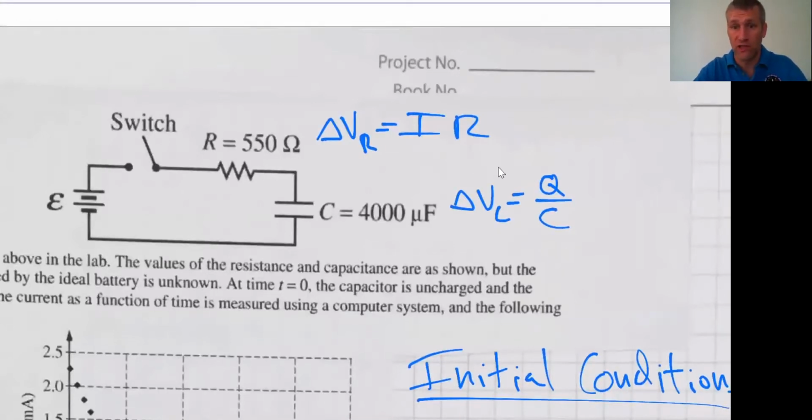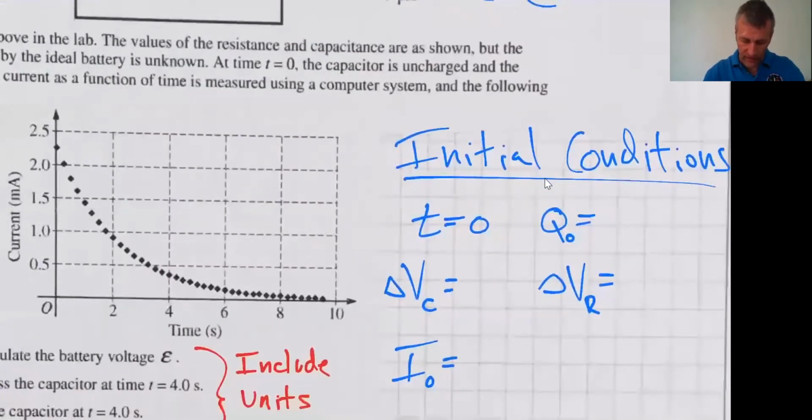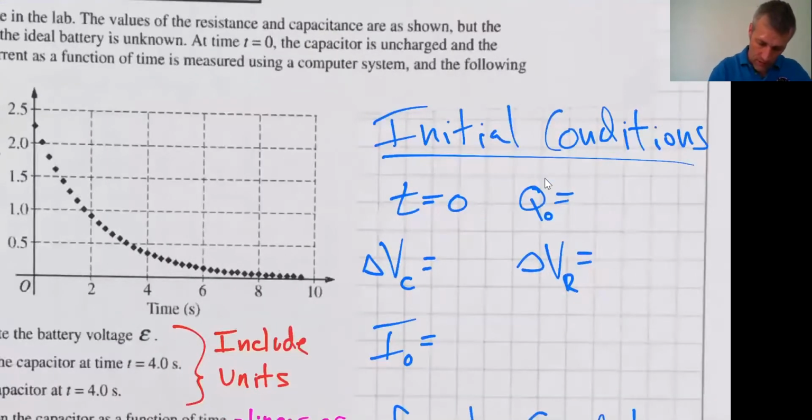The voltage across the capacitor is Q over C, and that would be the charge on the capacitor at time t. If we think about the initial conditions of this, at time equals 0, it tells us up here, at time equals 0, the capacitor is uncharged, so we know it's going to have 0 charge on it.